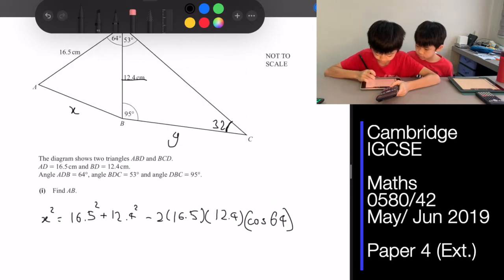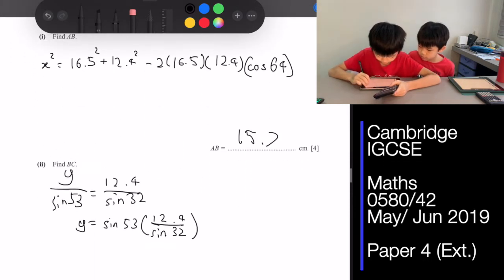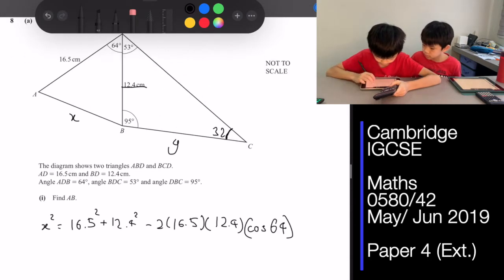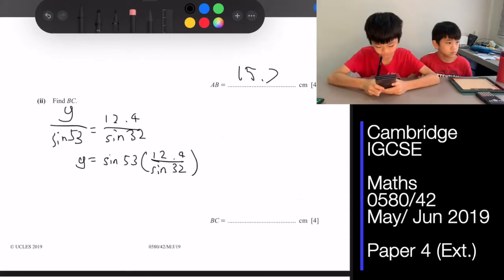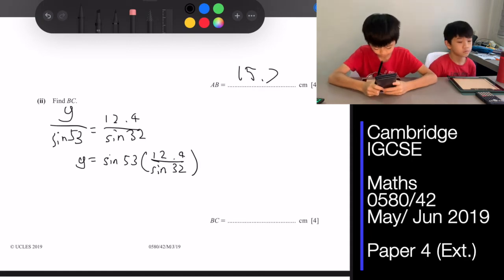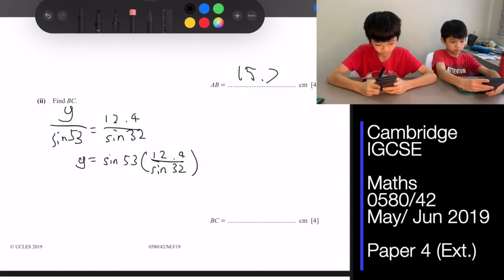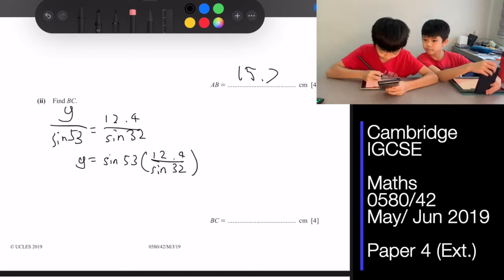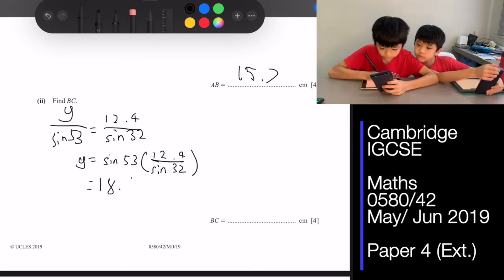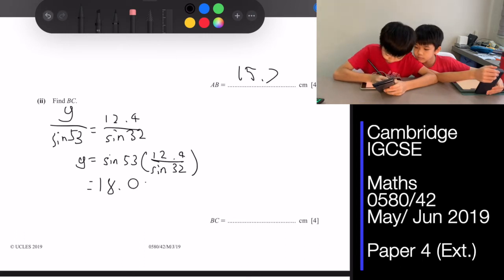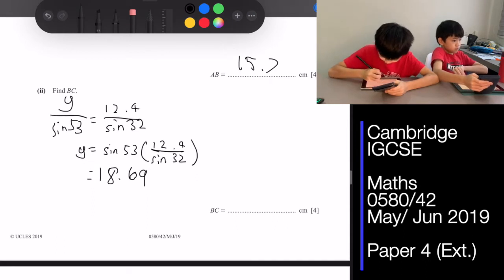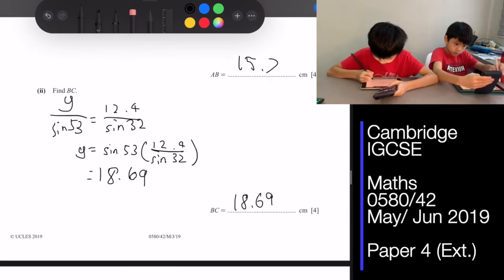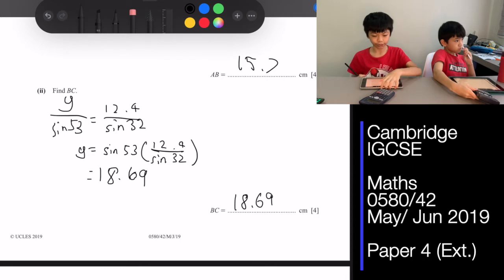I'm going to make sure I labeled them correctly. Yeah. So sine 53 multiply 12.4 over sine 32 is 18.69. So BC is 18.69.